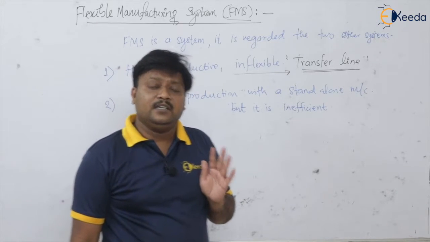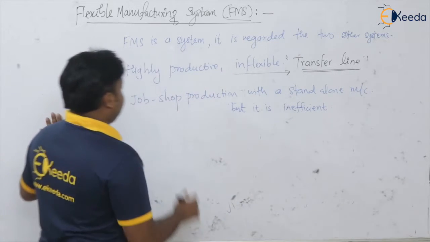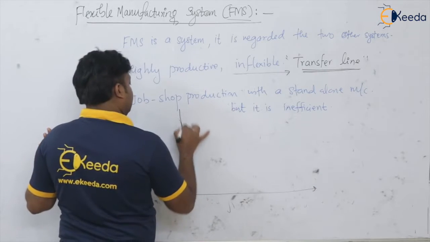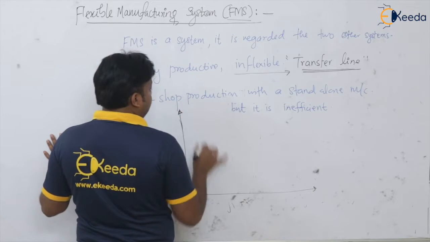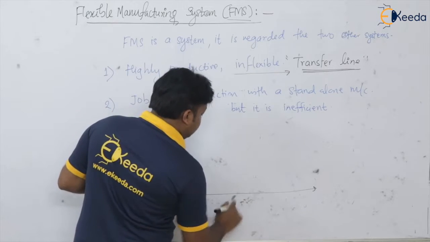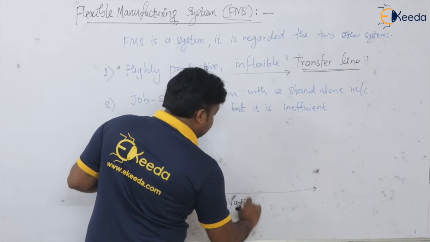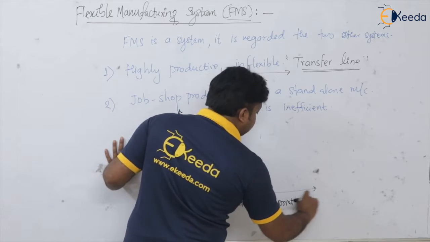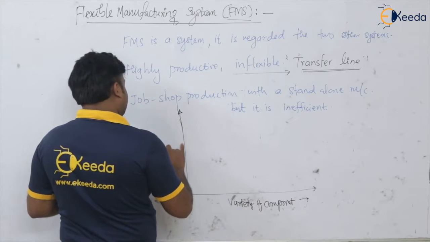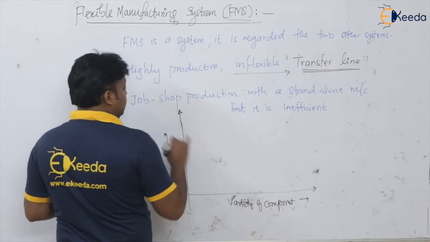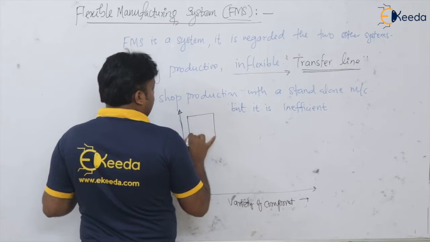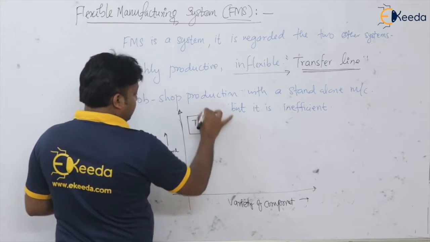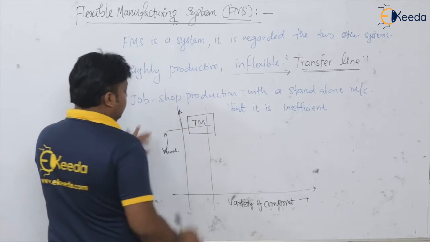If you look at this graph of volume versus variety of components manufactured, with variety of components on the x-axis and volume on the y-axis, these are the transfer machines, which are suitable for a very high production rate.